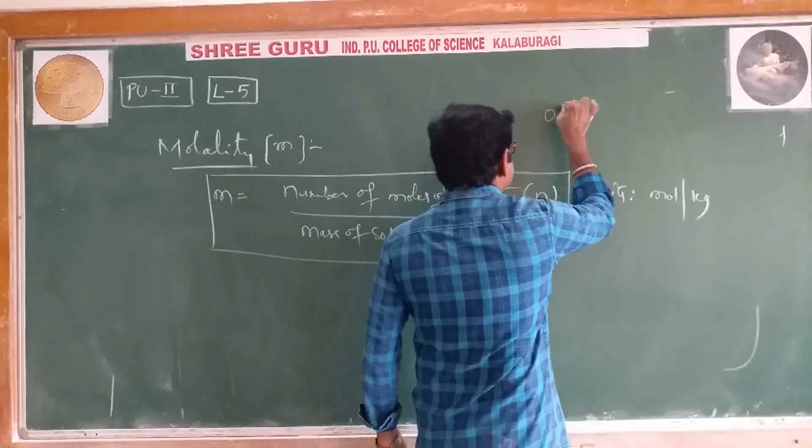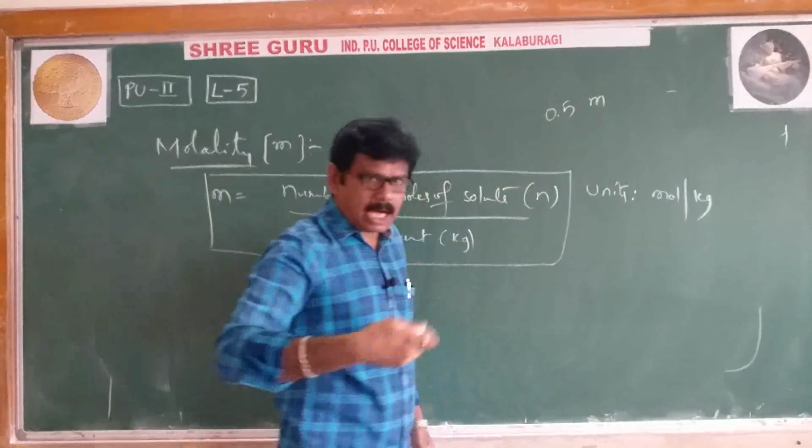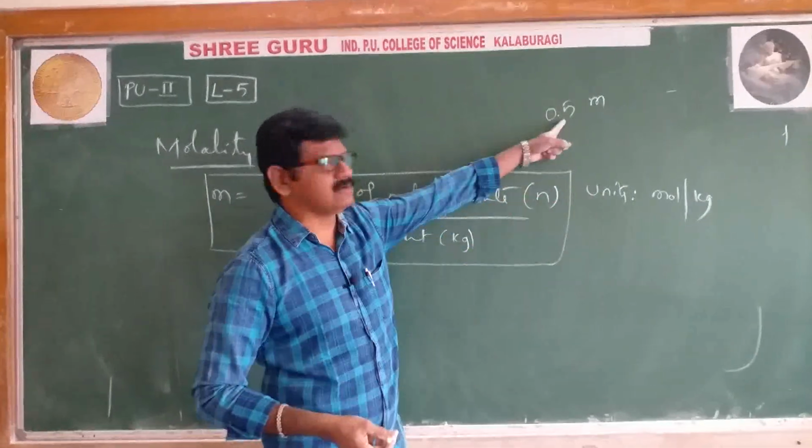Suppose a value is like this, 0.5 small m NaCl. How to pronounce that value?